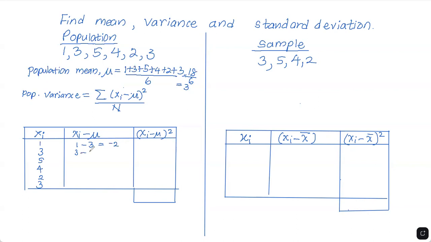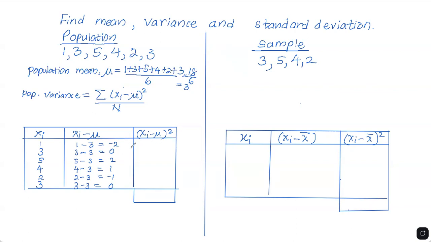Then 3 minus 3 equals 0. Then 5 minus 3 equals 2. 4 minus 3 equals 1. 2 minus 3 equals negative 1. 3 minus 3 equals 0. So these are the differences between your data values and the mean.